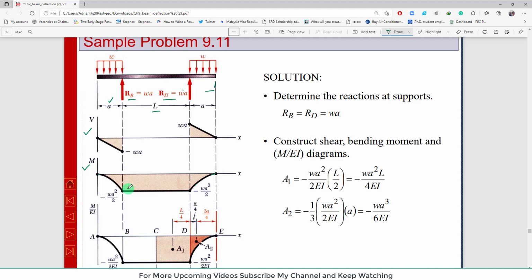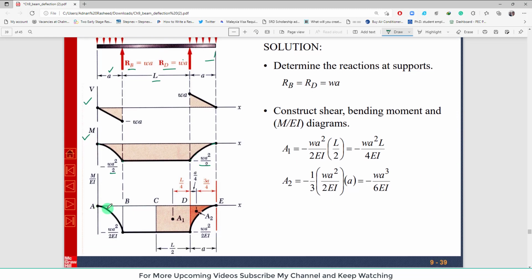If you divide each point of the bending moment by EI, you will get the same shape curve, but the values will be changed.